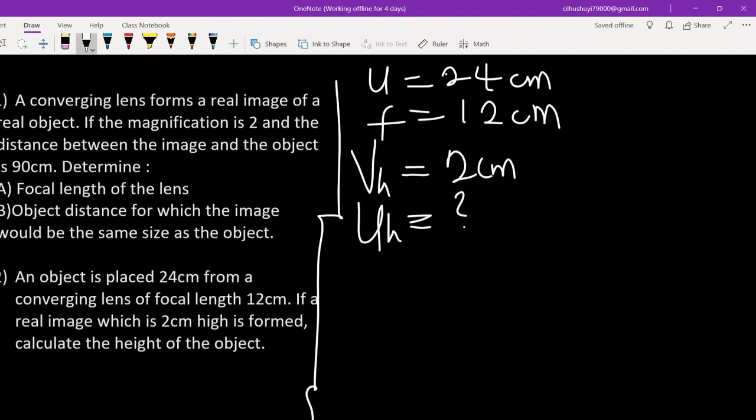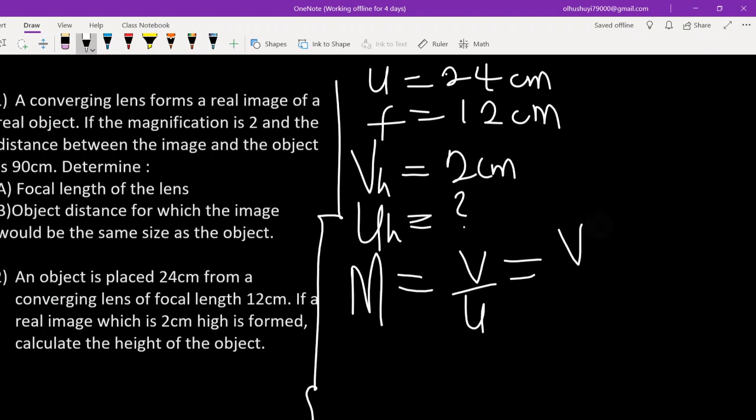Now, if we are to calculate our object height, recall from magnification that I said the image height over the object height is equal to the image distance upon the object distance.